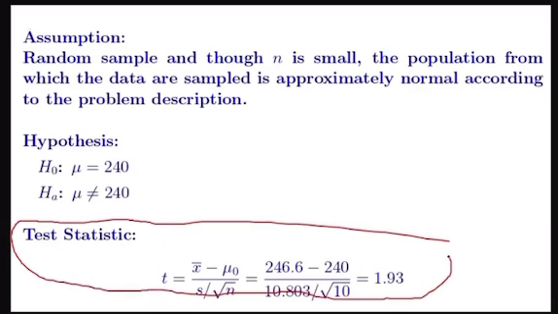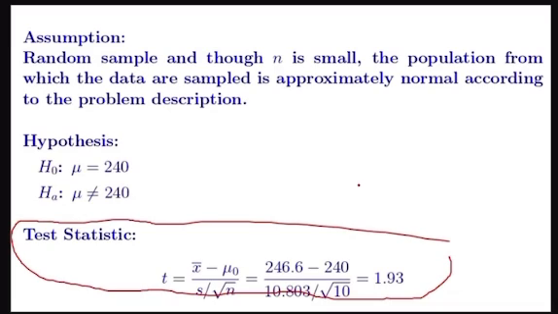Test statistic. You're going to write your formula, how? It's going to be T equal to that. I'm going to plug in my sample mean, I plug in my hypothesized value, I plug in my standard deviation, I plug in my sample size. And of course, I got 1.93. 1.93 is my test statistic value.